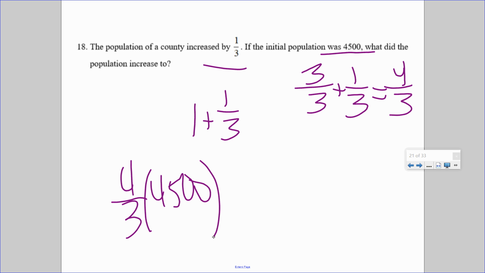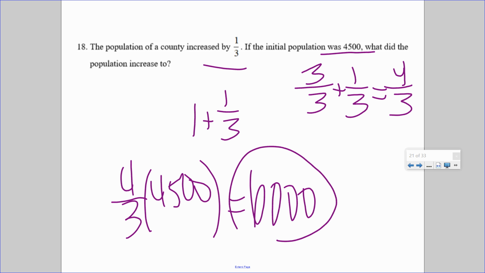You're adding or subtracting it to 1. And again, if it's a percent, you want to think of it as adding the percent to 100. That's the same thing. So I'm doing 4/3 times 4,500, and I got 6,000. So again, if I'm increasing or decreasing by a percent or a fraction, I'm adding or subtracting that to 1. Once I have that value, I'm just multiplying by the total number.